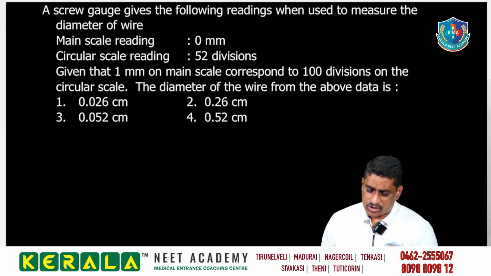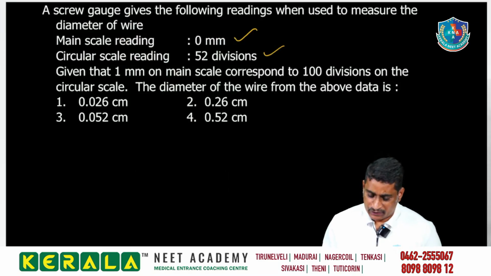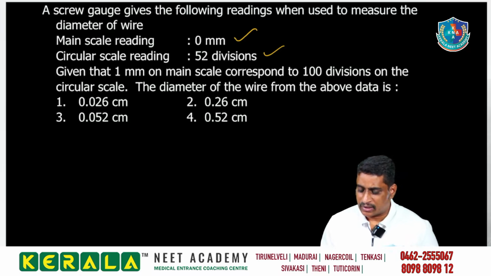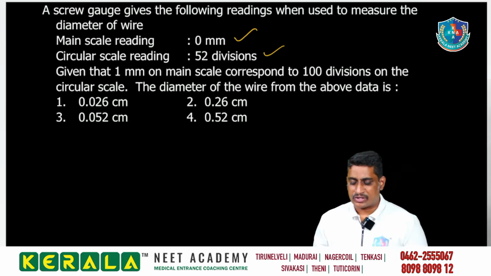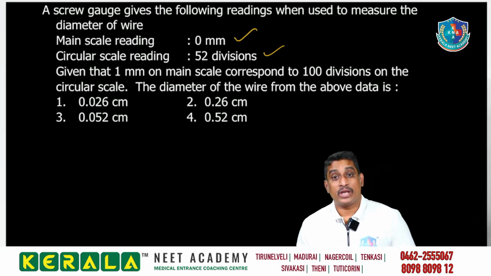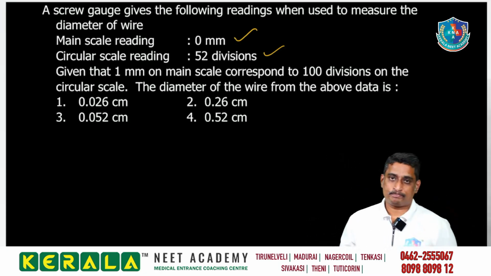A screw gauge gives the following readings when used to measure the diameter of a wire. Main scale reading is given 0 millimeters. Circular scale reading is given 52 divisions. Given that 1 millimeter on main scale corresponds to 100 divisions on the circular scale, the diameter of the wire from the above data they are asking us to find out.